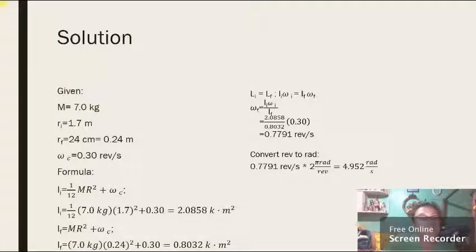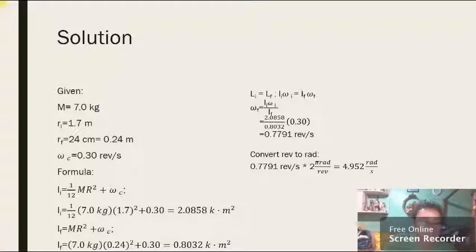And for the moment of inertia of the hollow cylinder, I is equal to m times r squared also, wherein m is the mass and r is the radius.